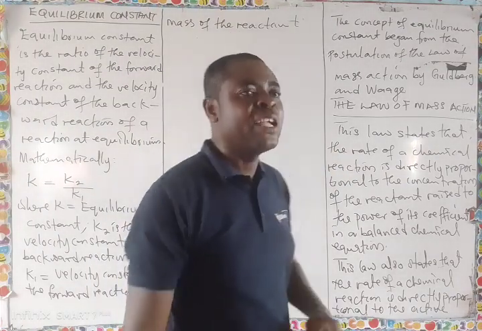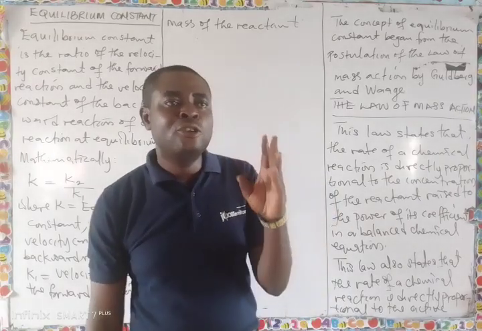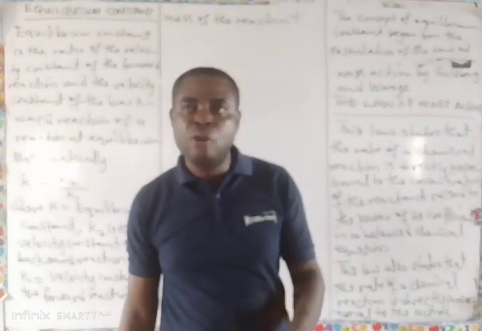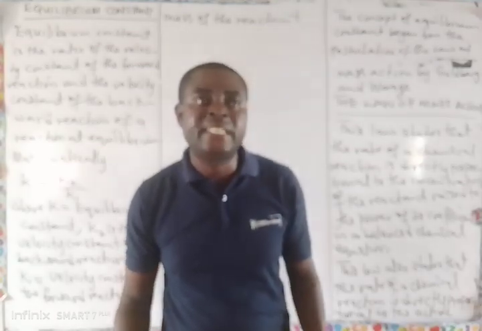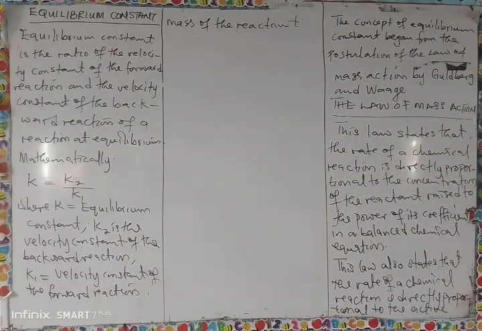It says that whether a reaction is going to be fast or slow depends on the concentration of the reactant. If in a chemical reaction you use a dilute acid, which contains little acid inside plenty of water, that reaction will be slow because the concentration of the acid is low.